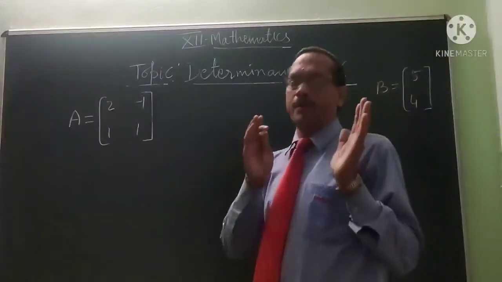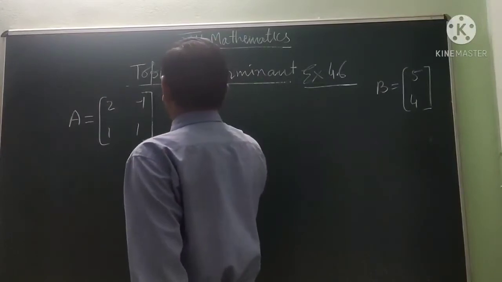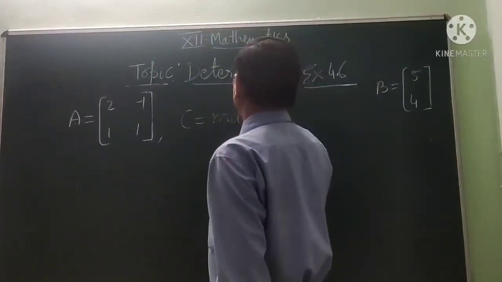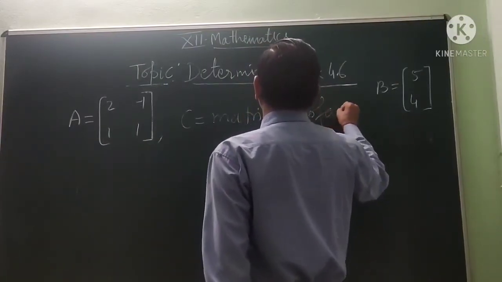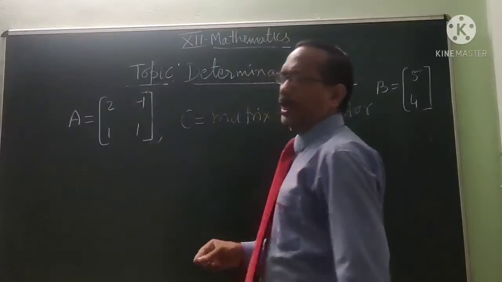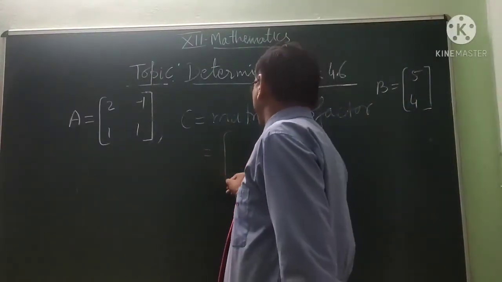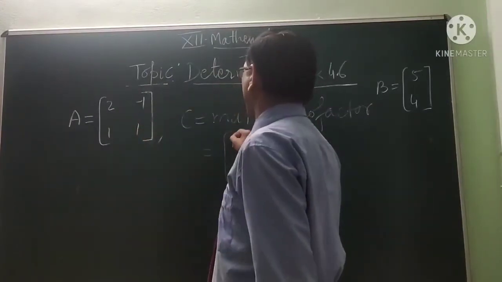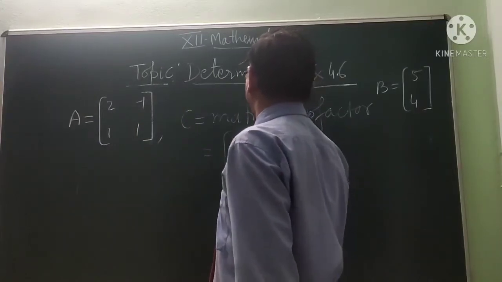Student, now we will find A inverse. Before that, we will find C. C is the matrix of cofactors. Student, you know how to find a cofactor. So the cofactor of 2 is 1. The cofactor of minus 1 is minus 1.